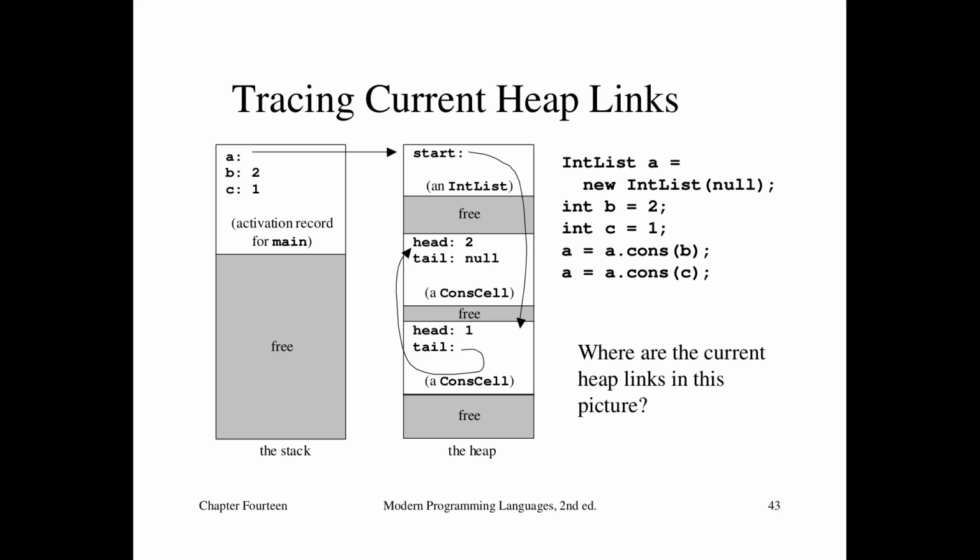A points to this one here, the start. That's our basic program: int A equals new int list, null, int B equals 2, int C equals 1, and we kept reassigning A to be the consing of B and C. That's how we get the cons list here in the heap. So the question is, where are the current heap links in this picture?